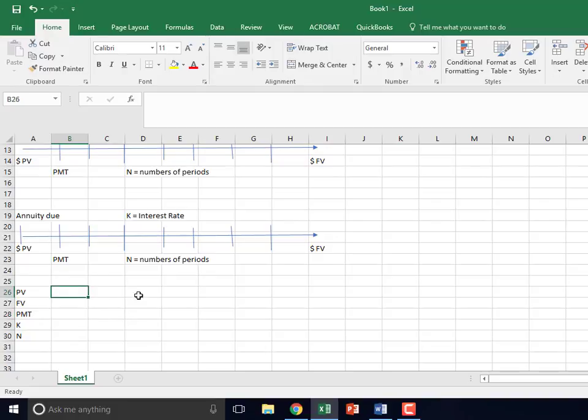All right, so what are our functions to solve for these various things? Our functions are present value, future value. Our payment function is PMT. Our function for solving for the interest rate is actually rate. And the formula for solving for N, the number of periods, is NPER.